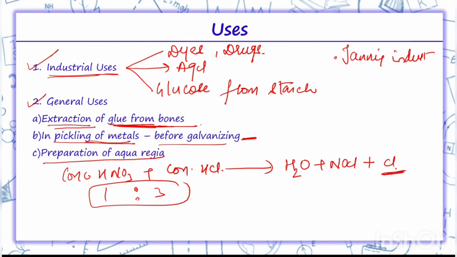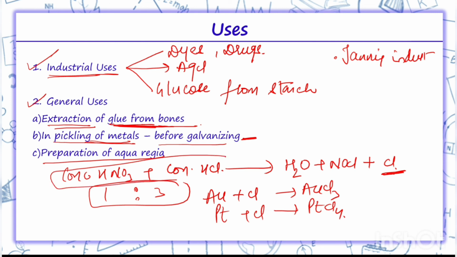This Cl dissolves noble metals: Au plus Cl gives AuCl3, and platinum plus chlorine gives PtCl4. This mixture of concentrated HNO3 and concentrated HCl in the ratio of 1:3 is known as aqua regia, and aqua regia gives out nascent chlorine, which is used to dissolve noble metals like gold and platinum.